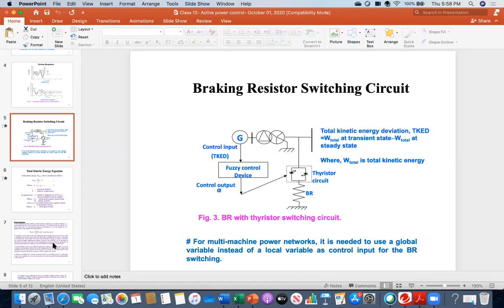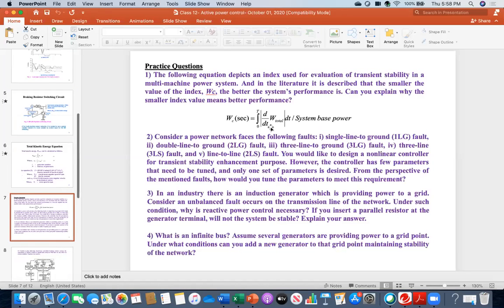So that is what is expected. That's why the question is, because d by dt W total is the rate of change of W total, if the change is lower, you will get a small number. You see, because you are integrating from 0 to 20 seconds or 0 to 100 seconds, you are looking at the rate of change. If there is less change, you will get a smaller value.